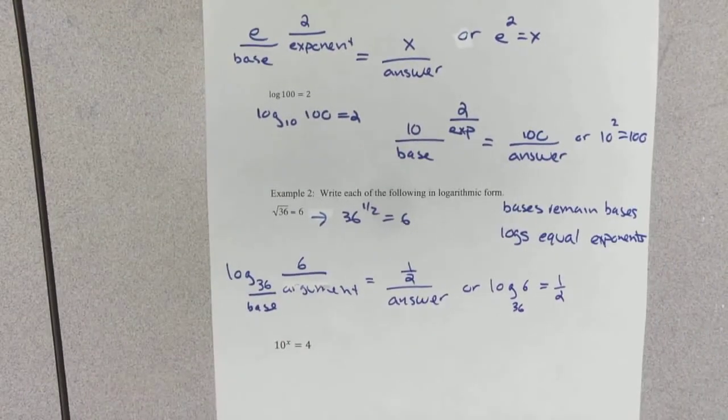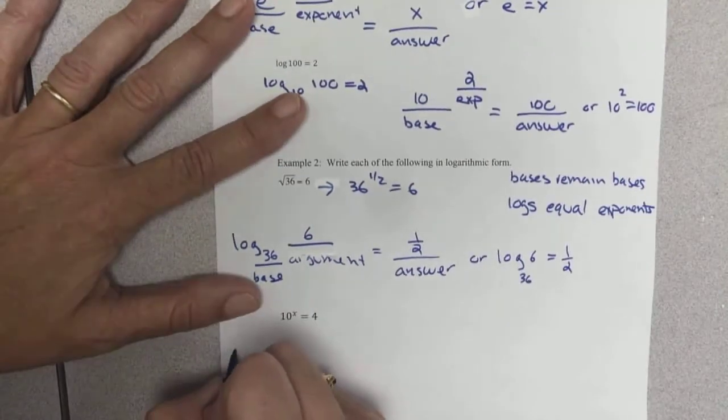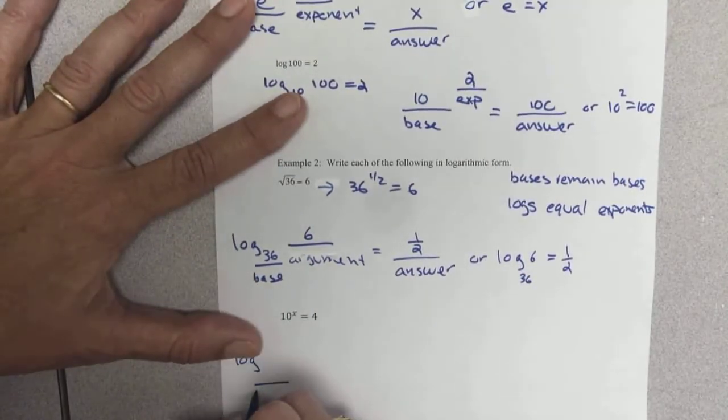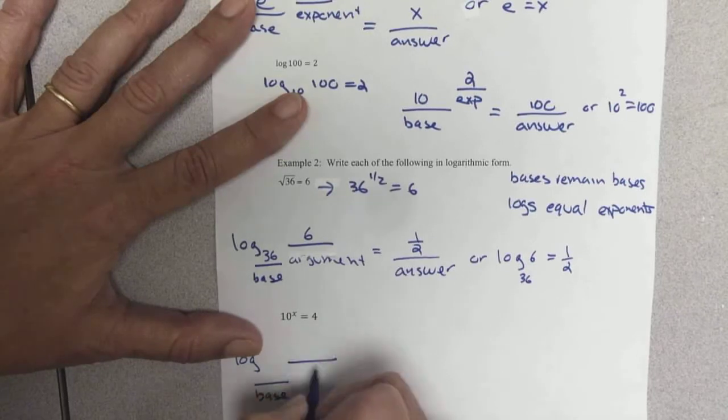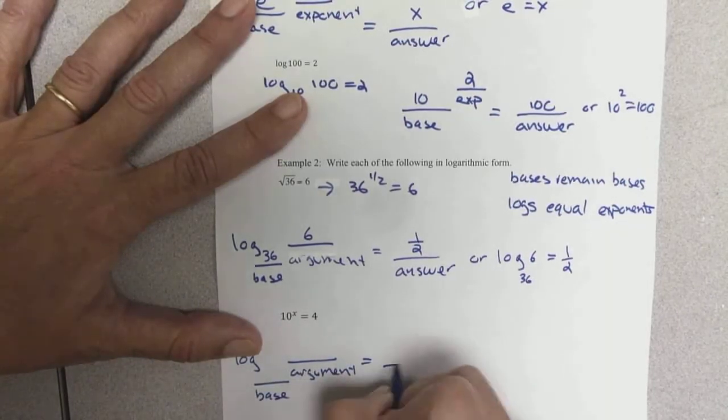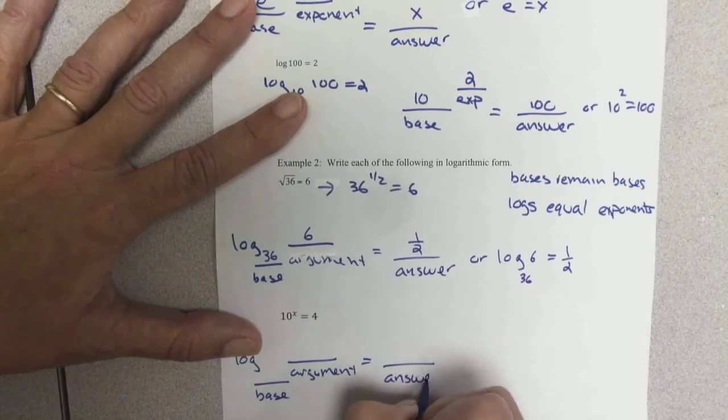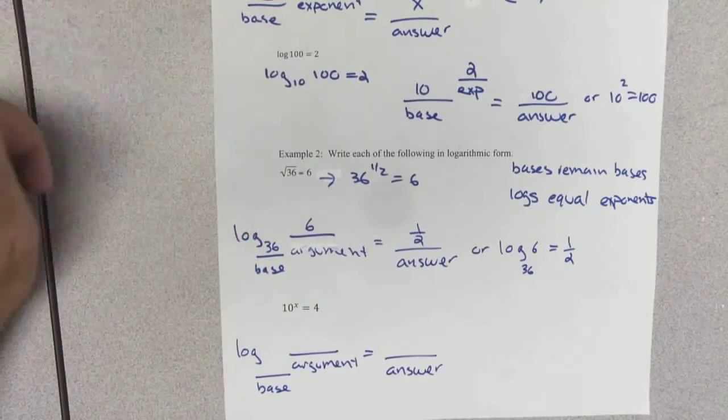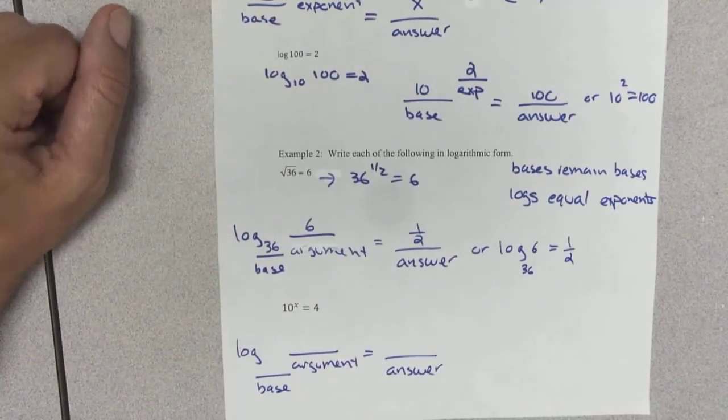If you remember those two phrases, bases remain bases and logarithms equal exponents, you can do this. Same thing here. Log to some sort of base, and then an argument equals some sort of answer. Bases remain bases.